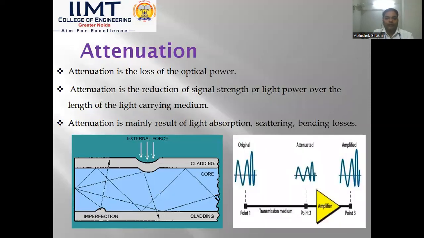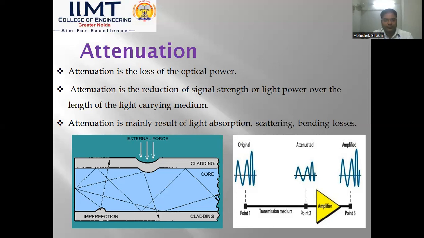Now, as we transfer our signals from one end to the other end, there should obviously be loss. So already we know that nothing is perfect. Some power loss or some degradation is always there in the system, either in physical things, in the communication channel, or in normal life.